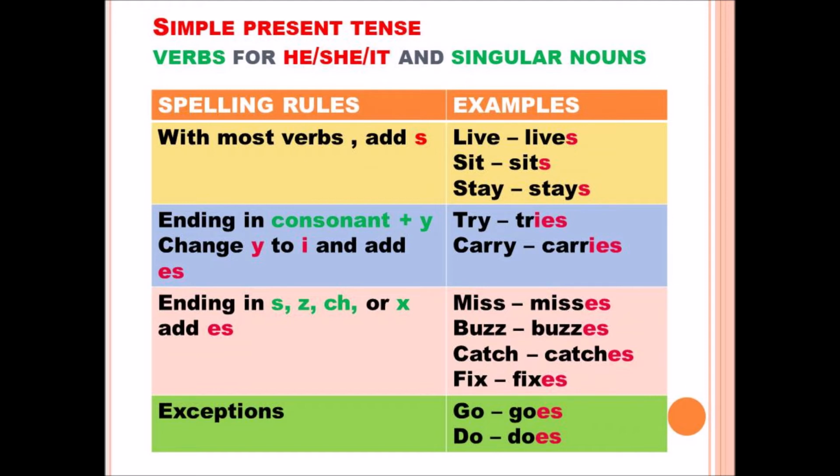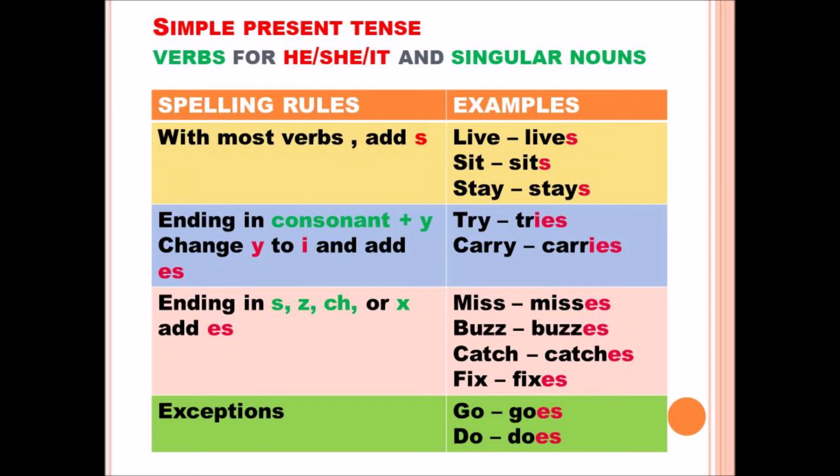There are a few exceptions. What are the exceptions? Without having any rule, we must add es with that. What is the word? Go, goes, do, does. Here the word ends with O, so we have added ES.